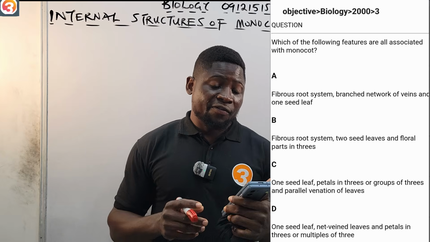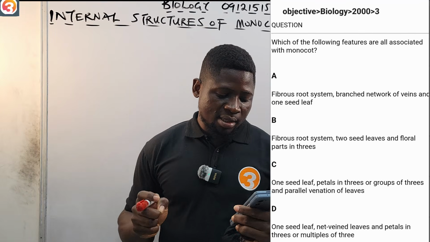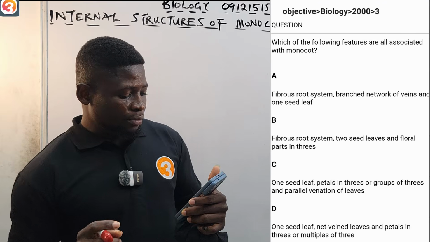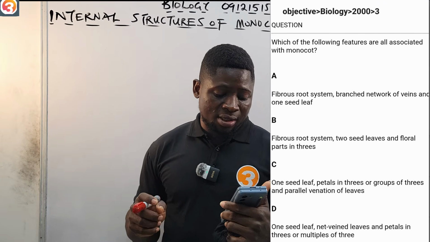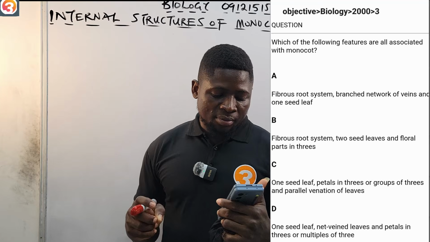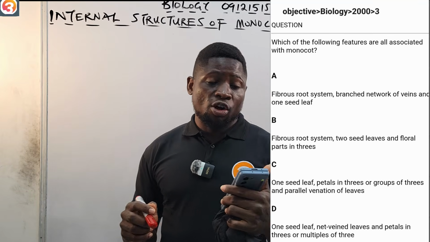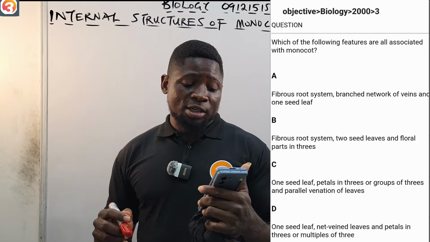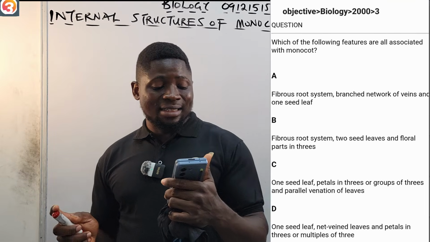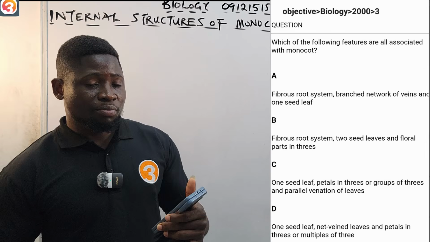A says fibrous root system, branched network of veins, and one seed leaf. B says fibrous root system, 2 seed leaves, and floral parts in threes. C says 1 seed leaf, petals in 3 or groups of threes, and parallel venation of leaves. D says 1 seed leaf, net vein leaves and petals in 3s or multiples of 3s.